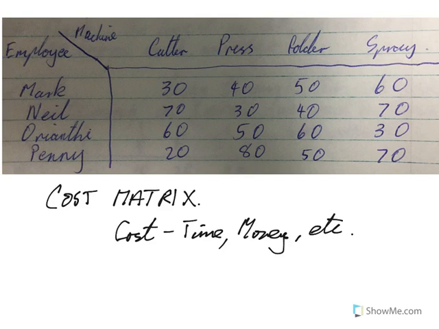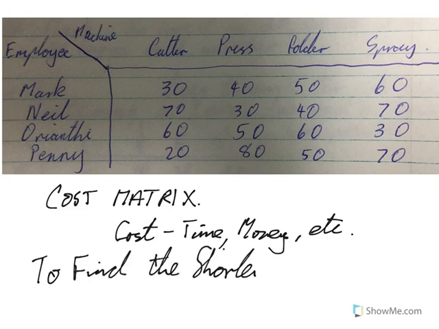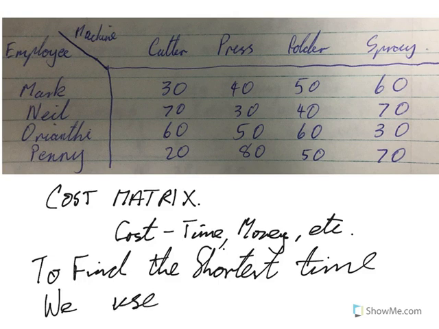Alright, so what we want to do is we want to find the shortest time. So to find the shortest time, we use a thing called the Hungarian Algorithm.